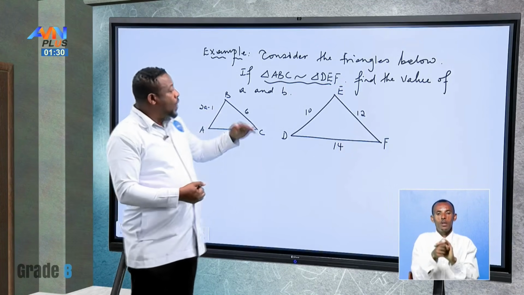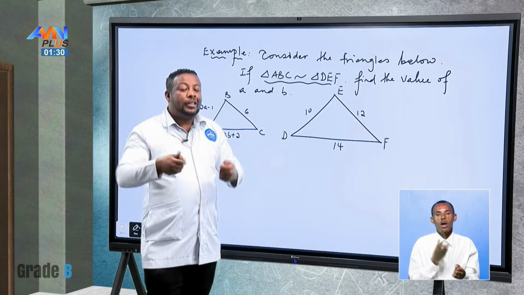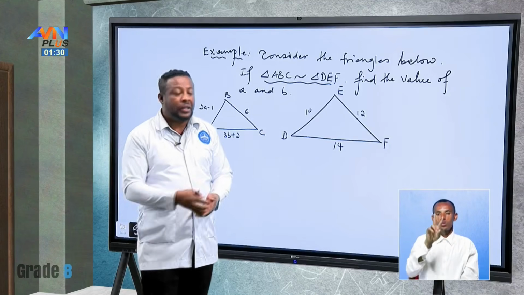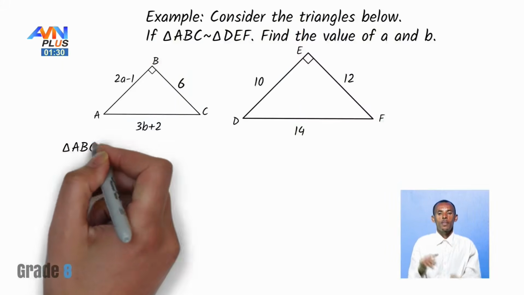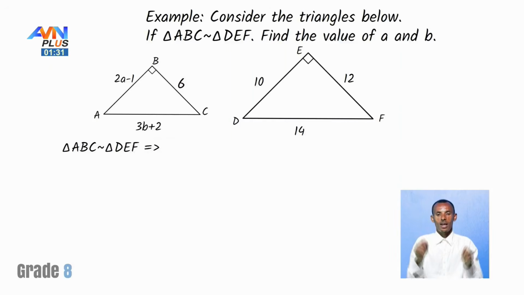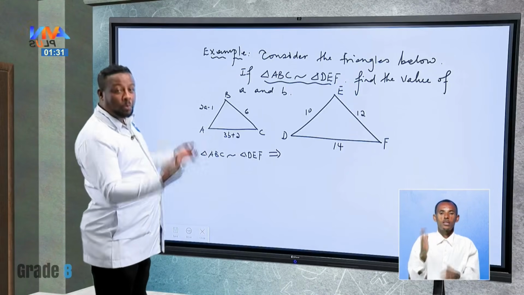We can apply the second condition for similarity of two triangles: triangle ABC is similar to triangle DEF implies the ratios of corresponding sides are proportional.